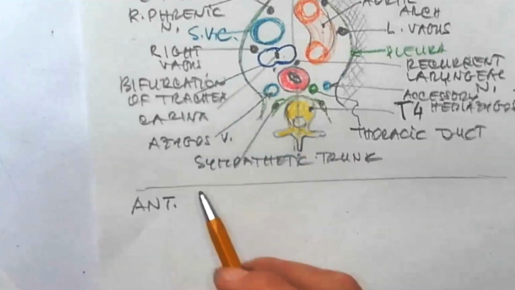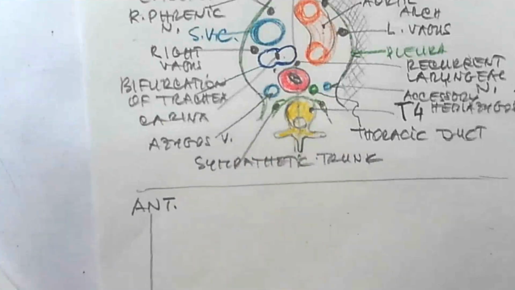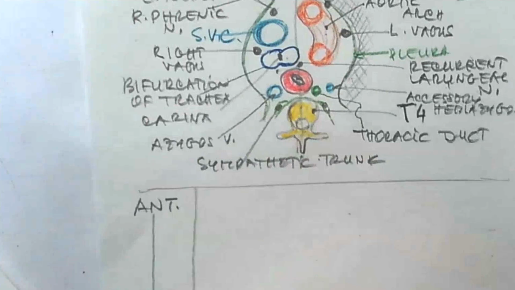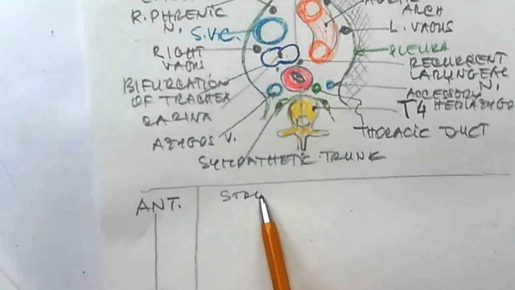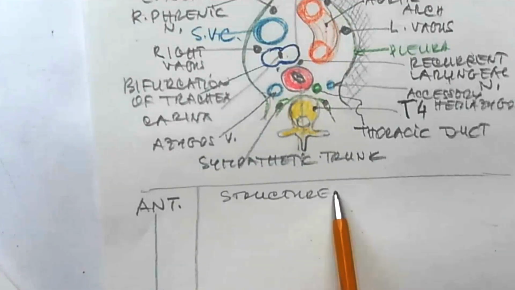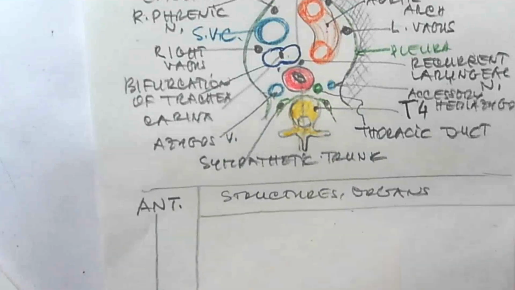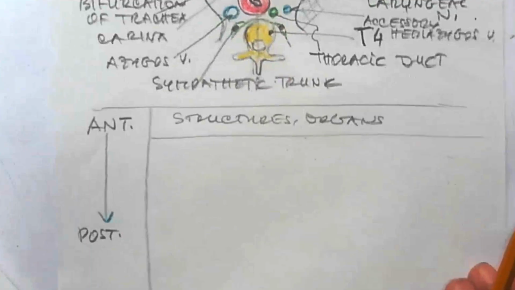So drawing the structures in the antero-posterior direction from the front, and we could mention structures, organs, yes, and we could start directly. Some notes could be made on the right side of the column.